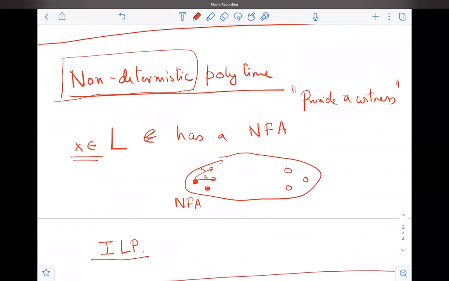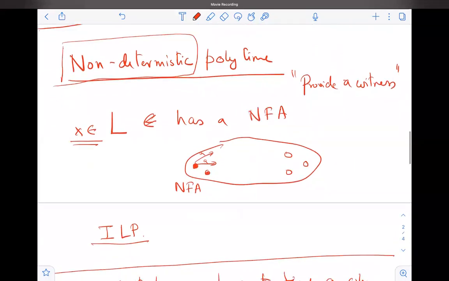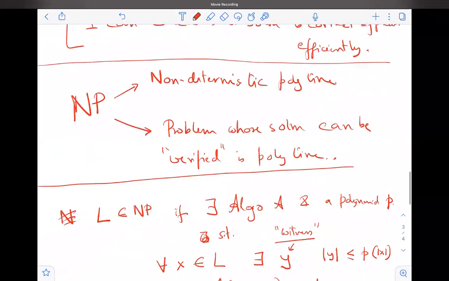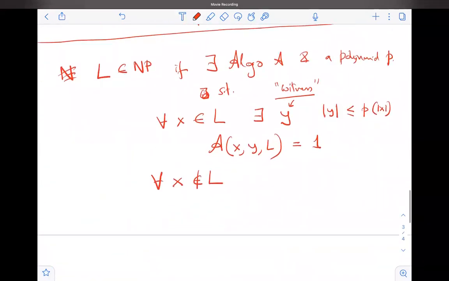In this case, it is obvious. But there are problems in which it is not at all clear that the solution has to have a polytime length.